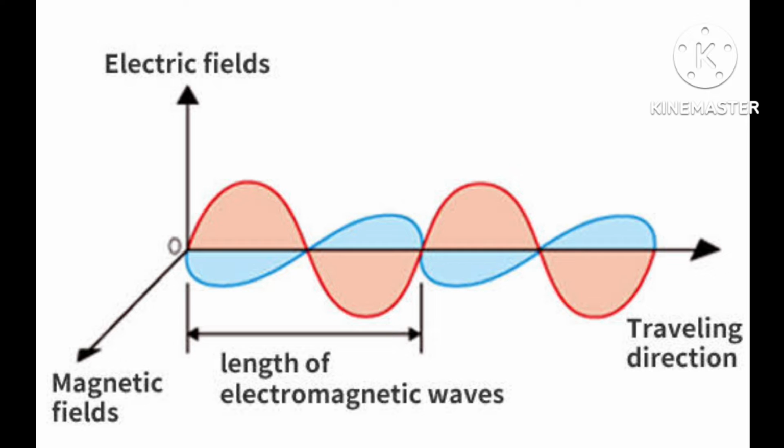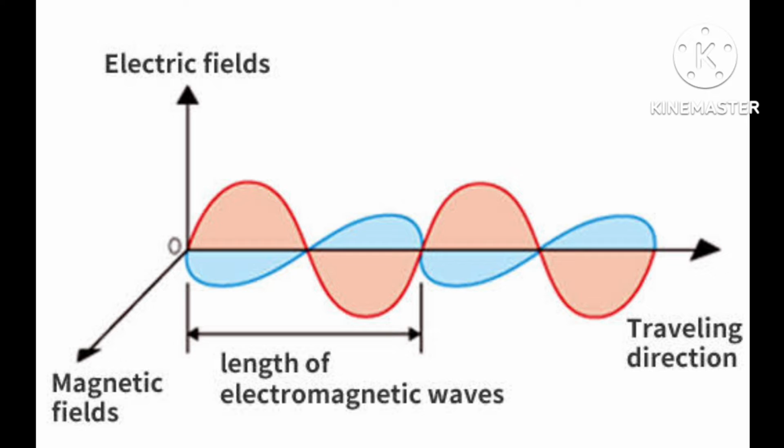I told you one is coming from up to down and the other wave is going from down to up. Like that way two waves are there and both waves are just perpendicular to each other and they are cutting each other somewhere, and finally they are meeting on the same line.